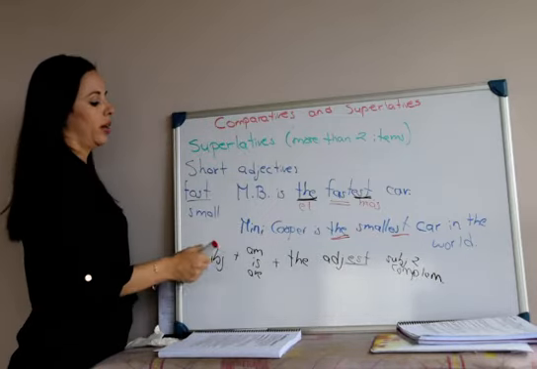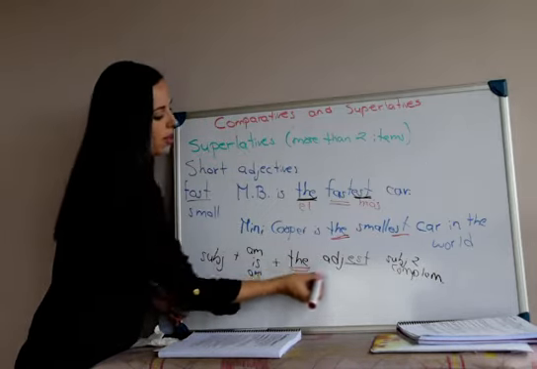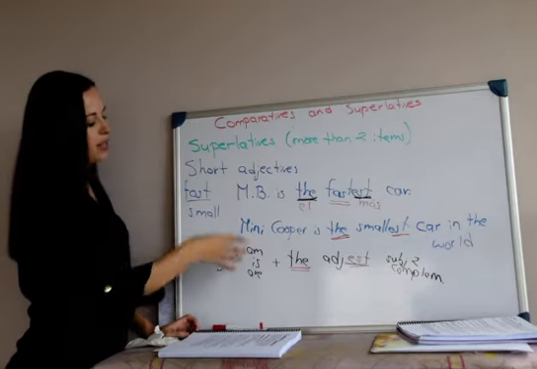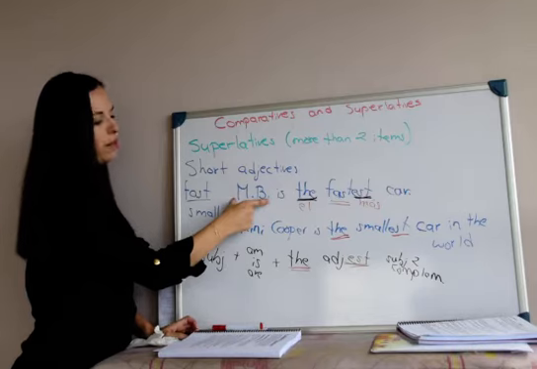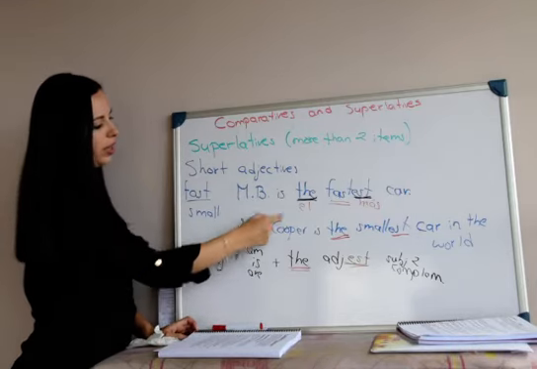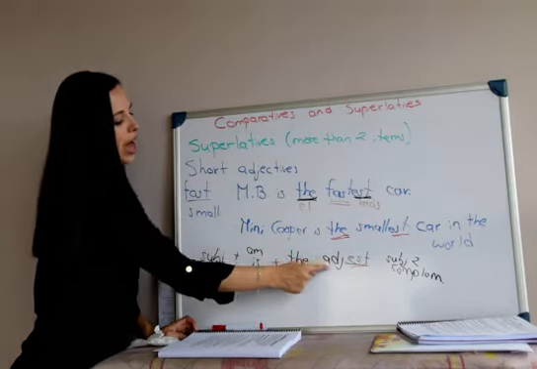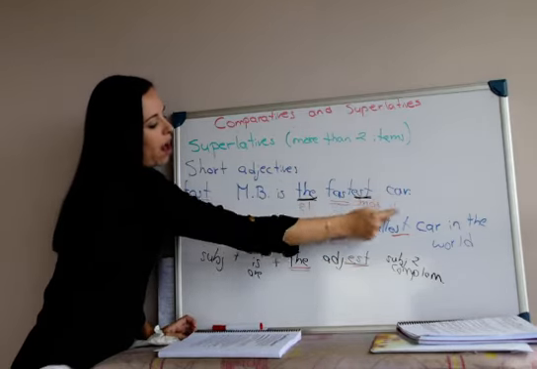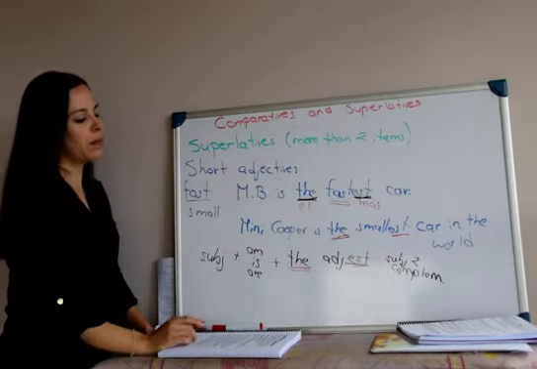But the important thing here is to know that you need to add the and est. That will be the structure. So let's check the sentences. Subject, Mercedes-Benz. Verb to be, is. The, adjective fast, with est. Car, that will be the complement or subject number two.